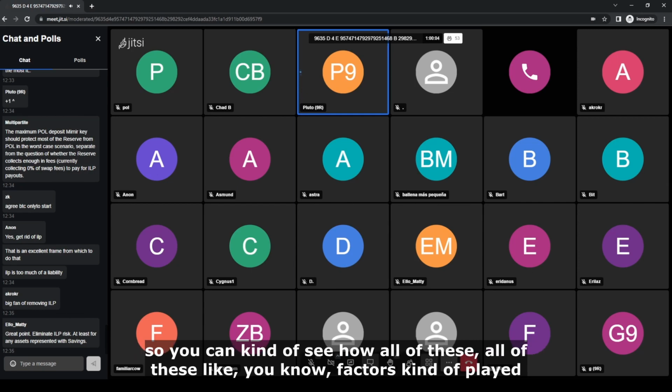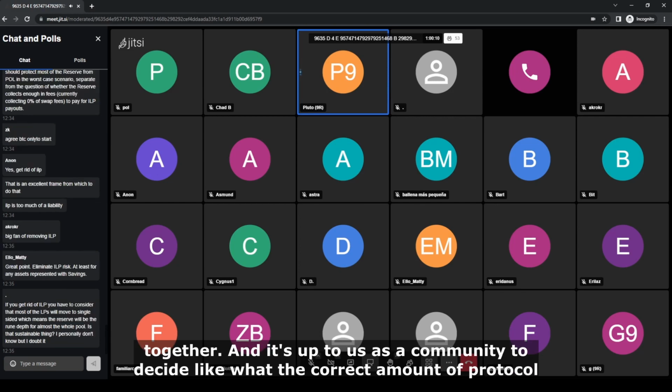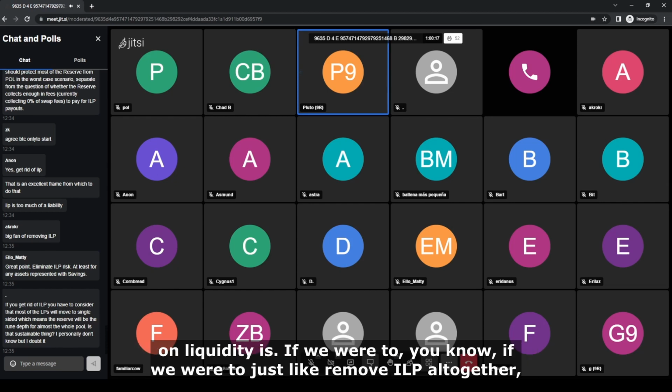So you can see how all of these factors play together, and it's up to us as a community to decide what the correct amount of protocol owned liquidity is.